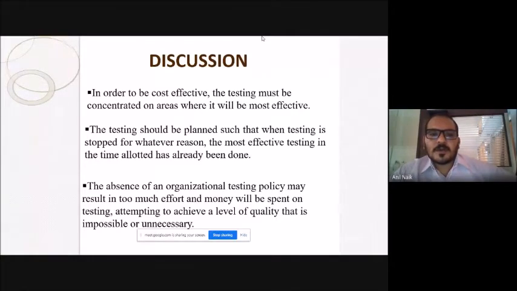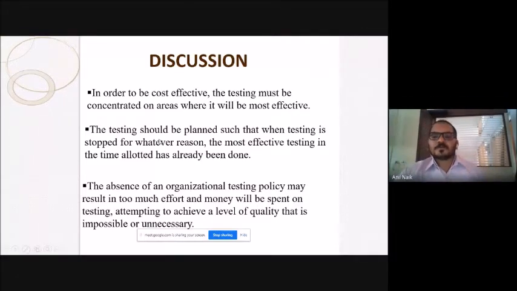So the testing should be planned in such a way that when testing is stopped for any reason, the most effective testing in the time allotted has already been done. That means we should follow the plan for testing the software. Any objective of an organizational testing policy may result in too much effort and money being spent on testing, attempting to achieve a level of quality that is impossible or unnecessary.